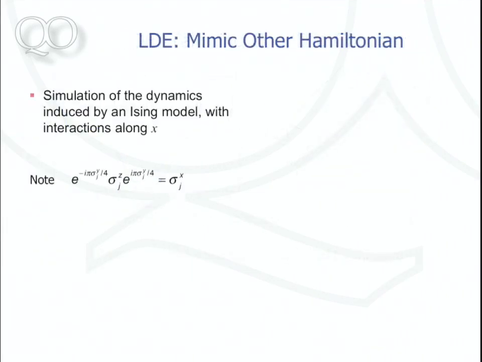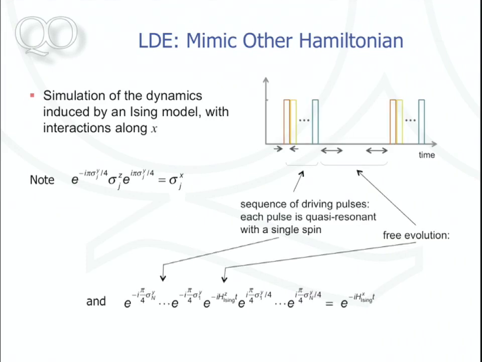Then the second step is to introduce other, not only sigma z couplings. This can be done by simply, think of a single spin, you apply a pi over 2 pulse, 2 pi over 2 pulses, and then this gives you an effective sigma x operator, and that's exactly what we plan to do here.